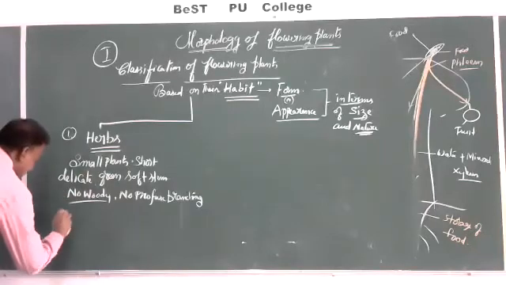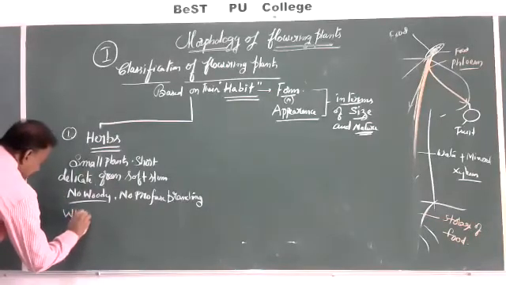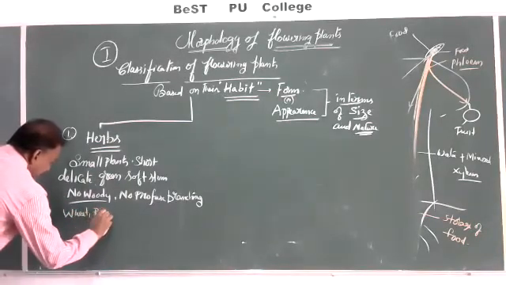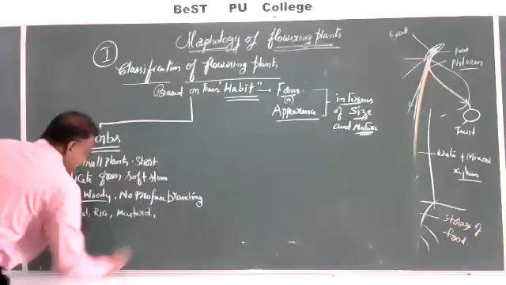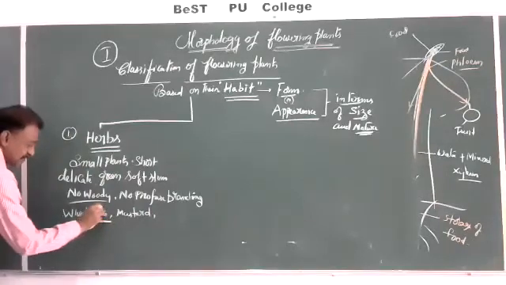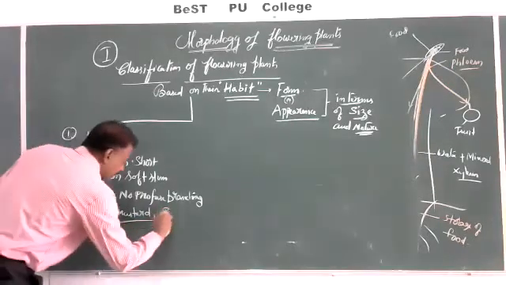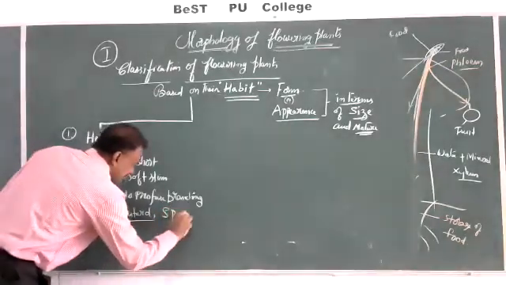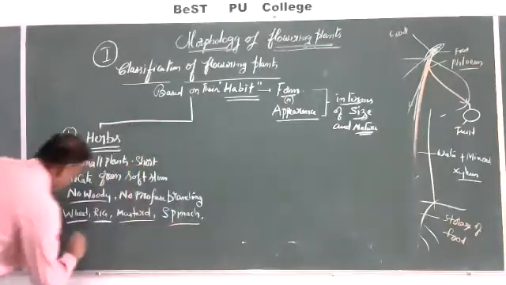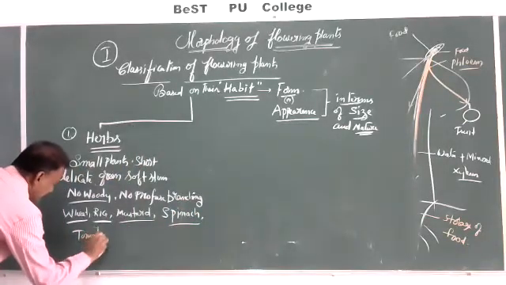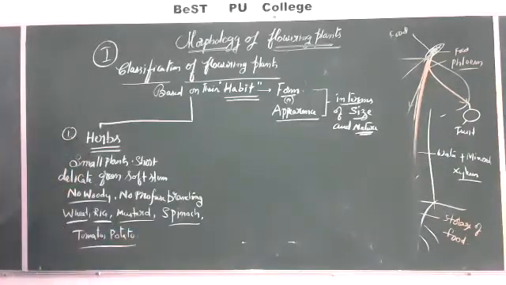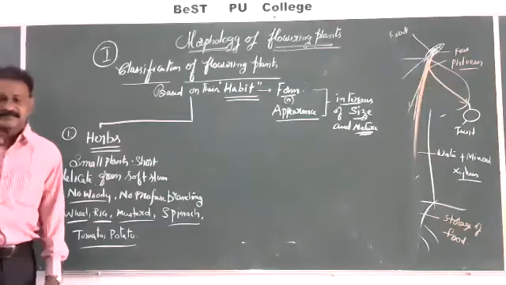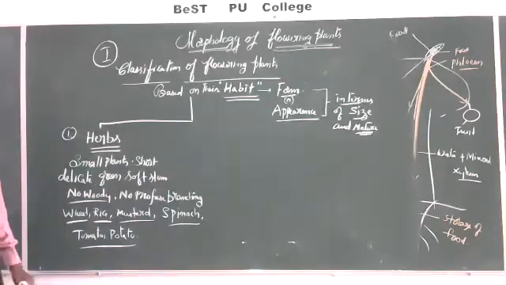Examples are wheat, rice, mustard, leafy vegetables, spinach, tomato, potato, all these plants. Herbs.